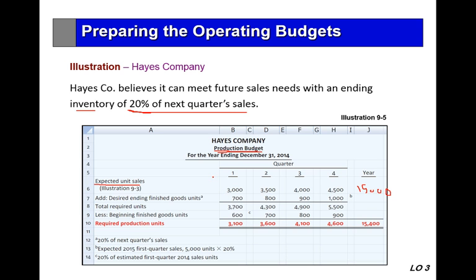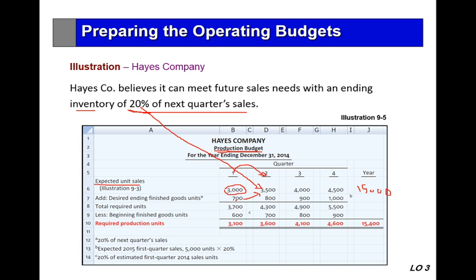Then the first quarter, we anticipate that we will sell 3,000 units, and we want the ending inventory in the store to be equal to 20% of the next quarter sales. Here quarter 1, next quarter is quarter 2.